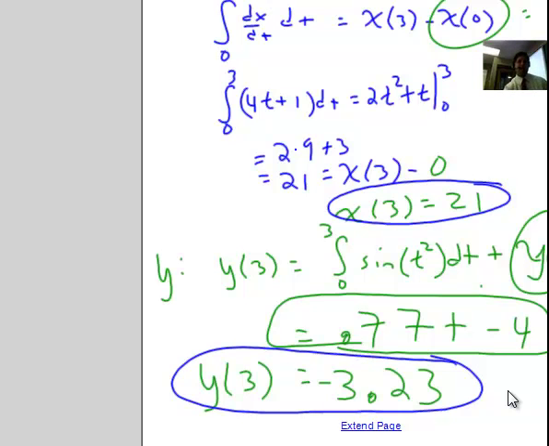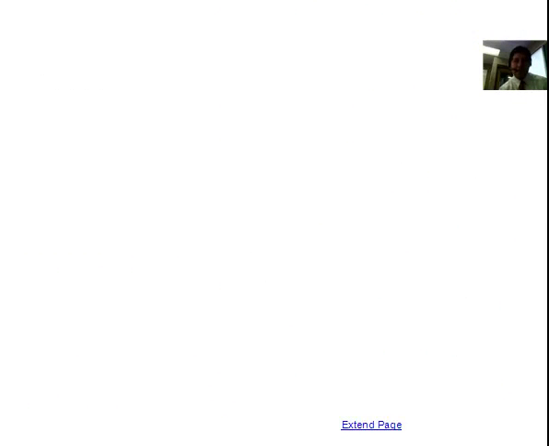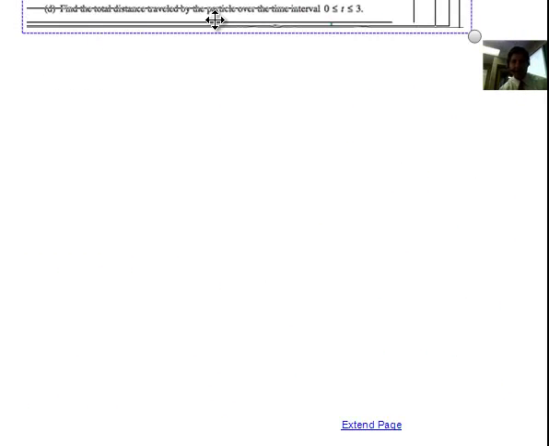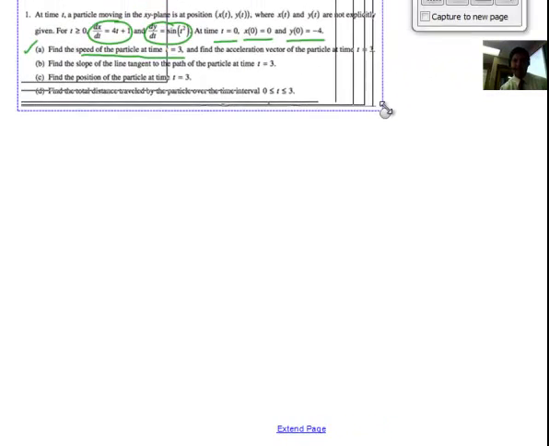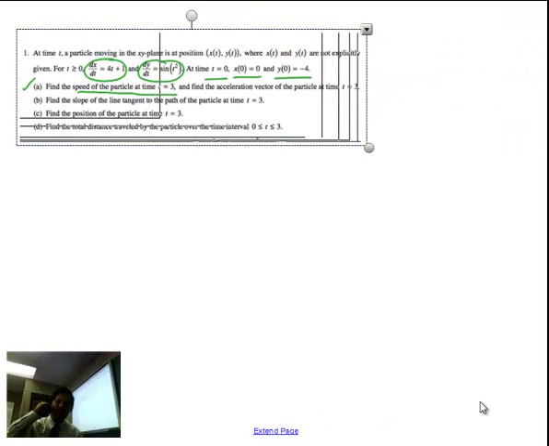So I know my x position and my y position at 3 seconds. And then the last question that we are going to do says, find the total distance traveled by the particle over the time interval from 0 to 3. So this is what we actually did today. To find the total distance traveled, that's just finding the arc length.